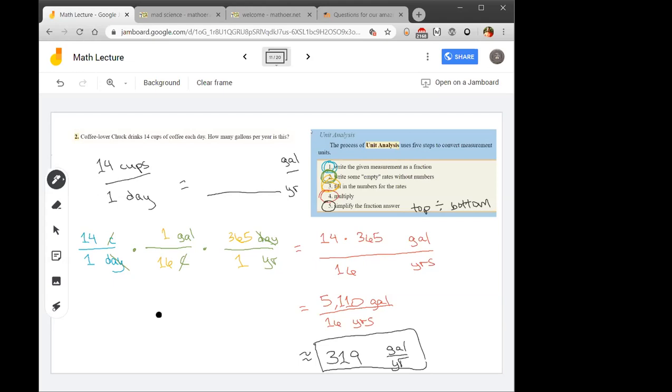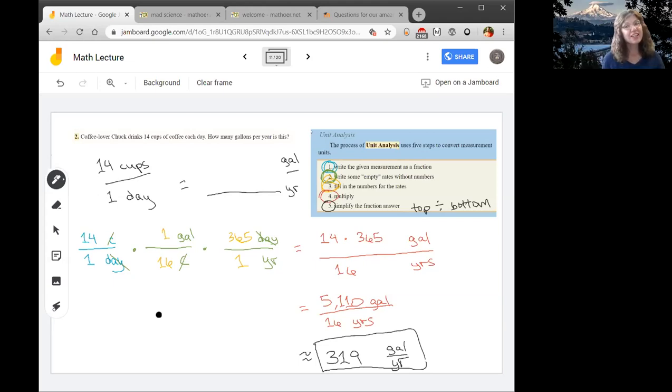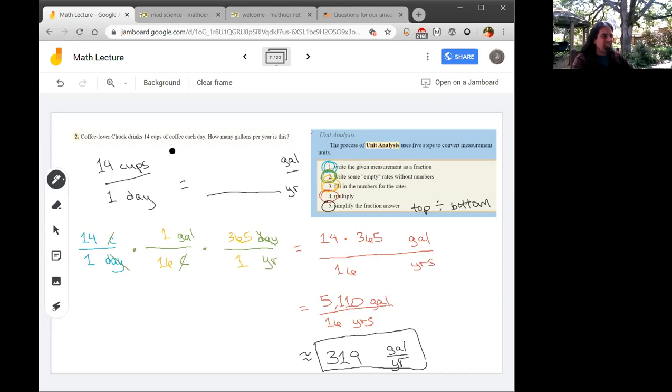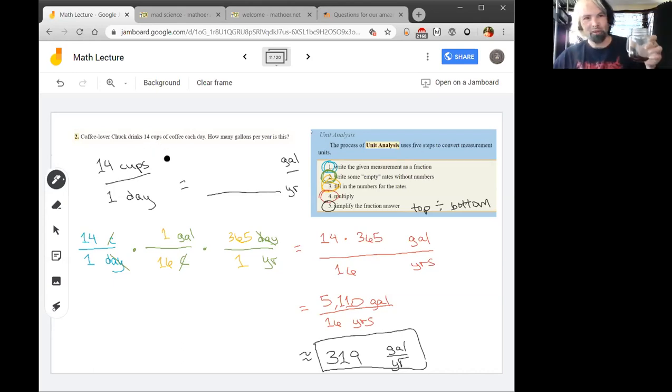I don't know. Some of us drink a lot of coffee. Interestingly, this said 14 cups, but it didn't say how many ounces were in the cup. I'm assuming it was 8 ounces. So I drink more than 14 cups because I'm drinking more than 8 ounces. This is a standard 8-ounce cup right now, and I'm on like my third one already just in class.